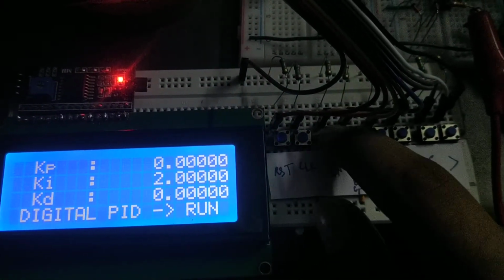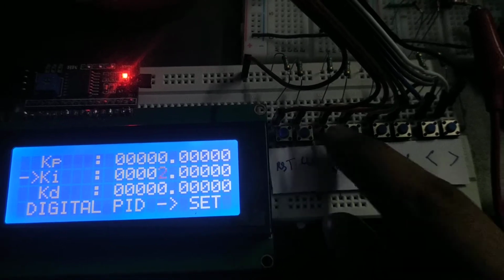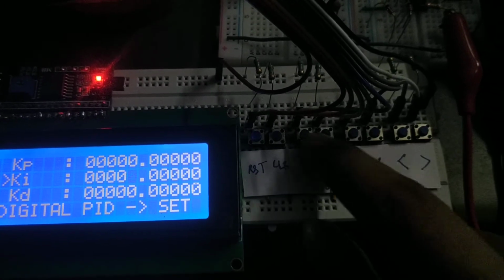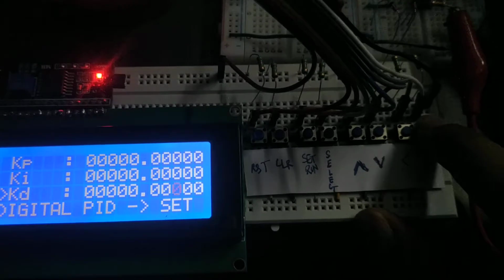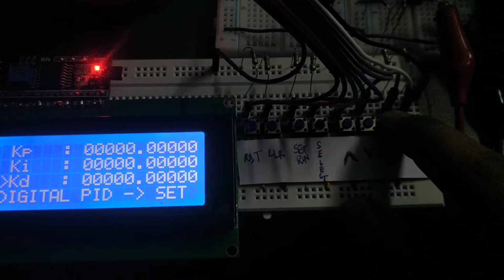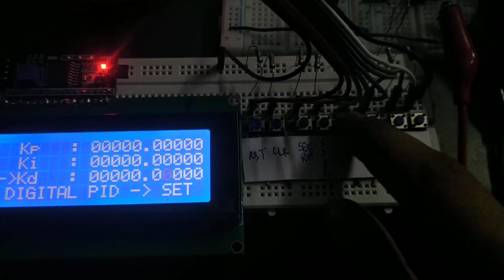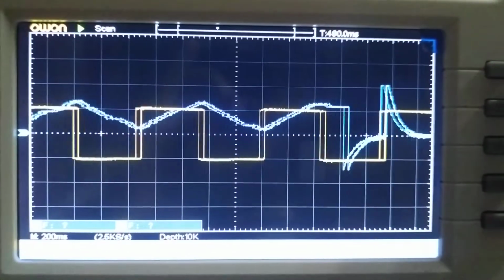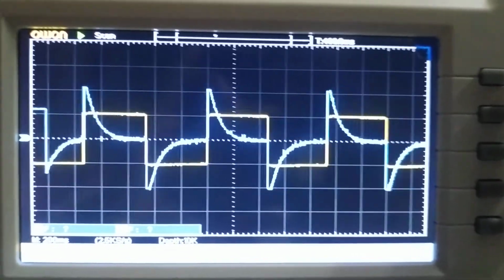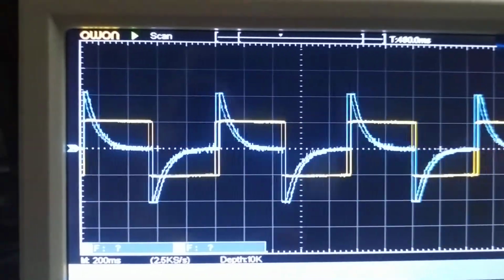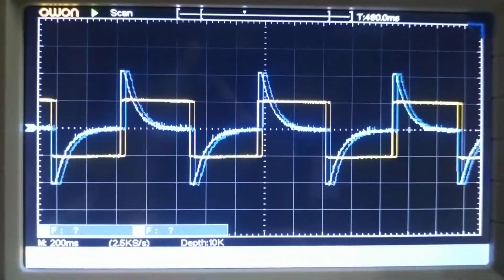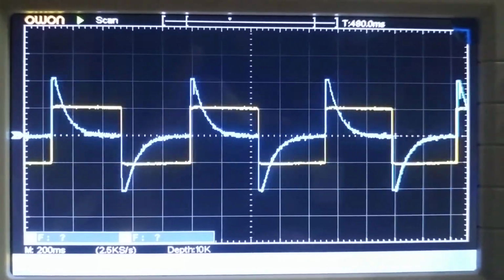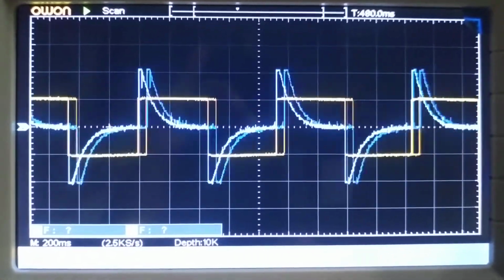Now if we clear I and then set D, and run it now, we will see spikes during the rising edge and falling edge, because the derivative tends to infinity at that point.